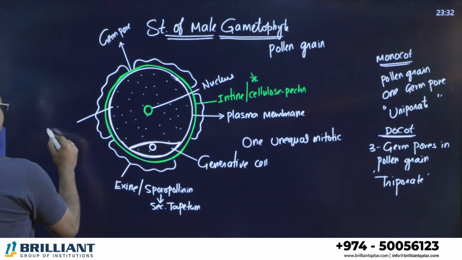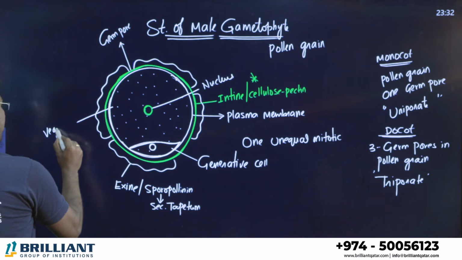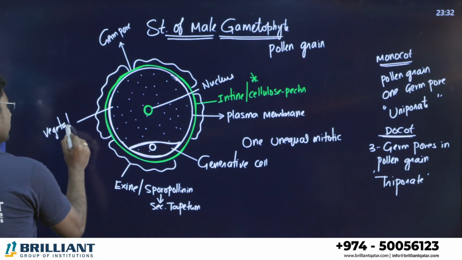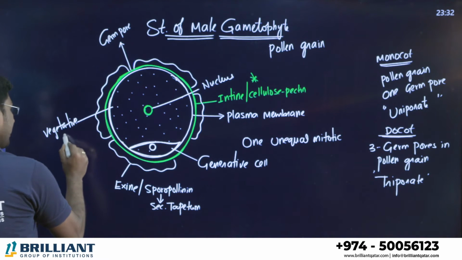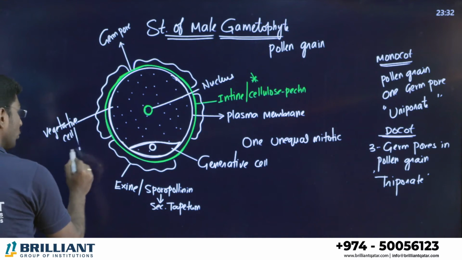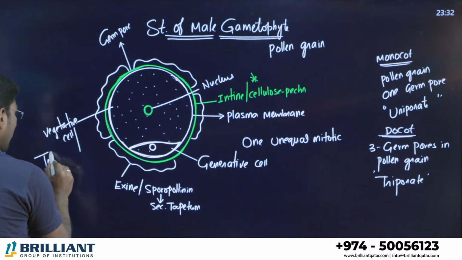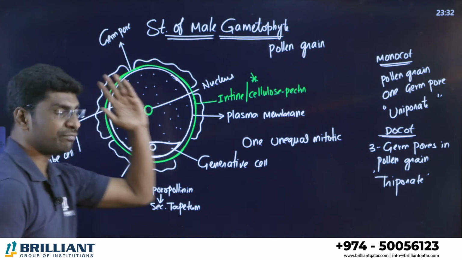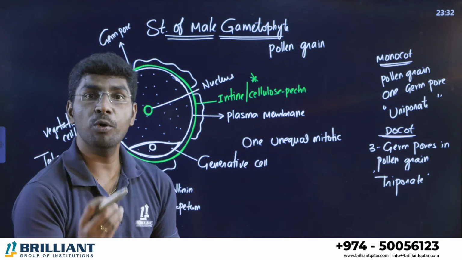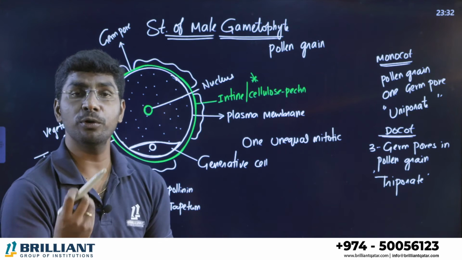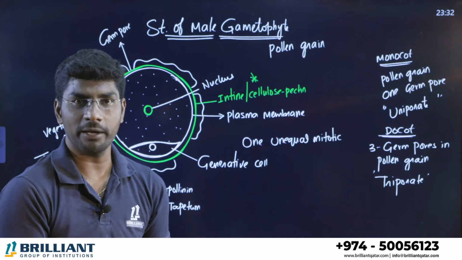The bigger cell we call the vegetative cell, or it is also called the tube cell. From this vegetative cell or tube cell, the pollen tube will emerge. Keep that in your mind.